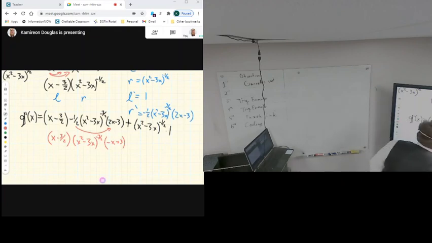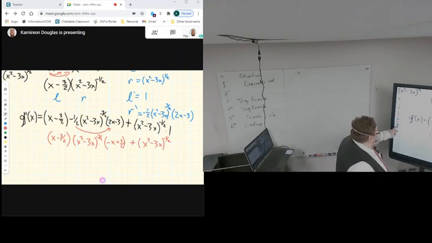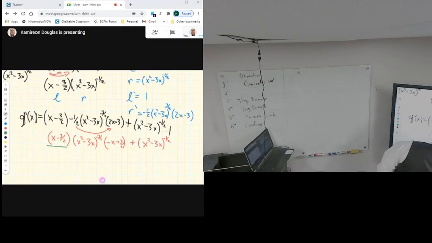Okay, and then plus (x squared minus 3x) to the negative 1/2 power. I'm going to take these two terms, since those are each binomials with the power of 1, and multiply those together to end up with the perfect square formula.